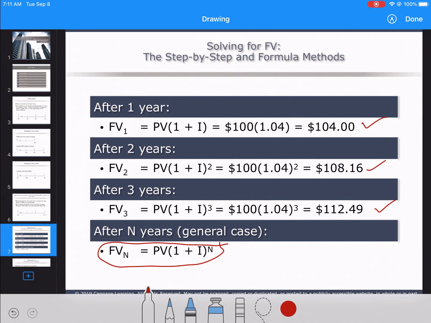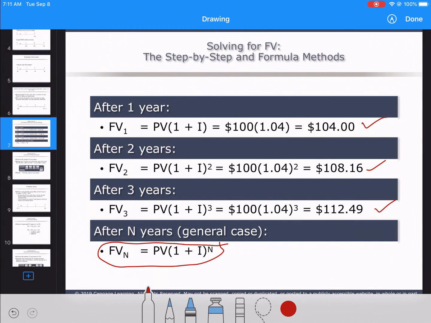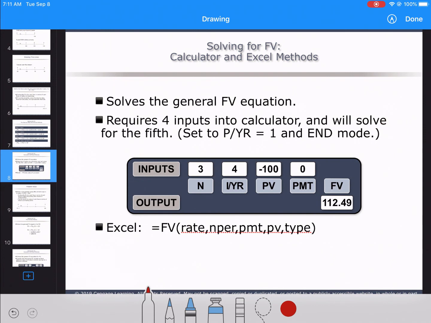So we then go to the calculator that you have, or that I asked you to have, and you see N is number of compounding, and I showed you last slides. N is 3, I is 4 percent, present value in negative, and then payment is 0, and FV.